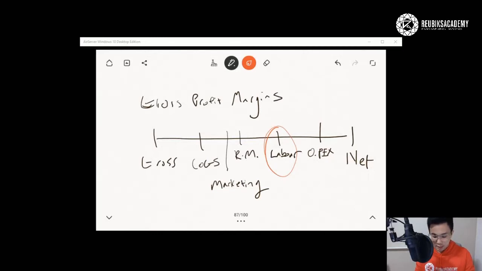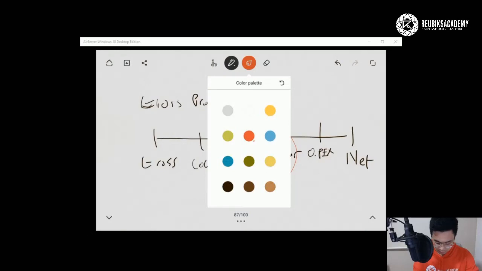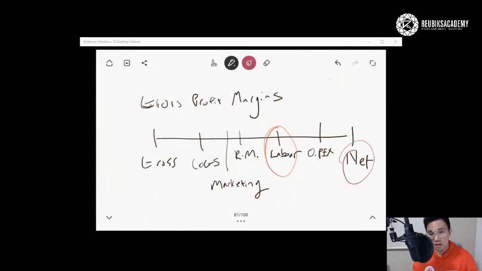Now this concept, especially this one right here, will become increasingly important as we delve deeper. Net takes into account your operating efficiency, because all these things are determined by your operational efficiencies.